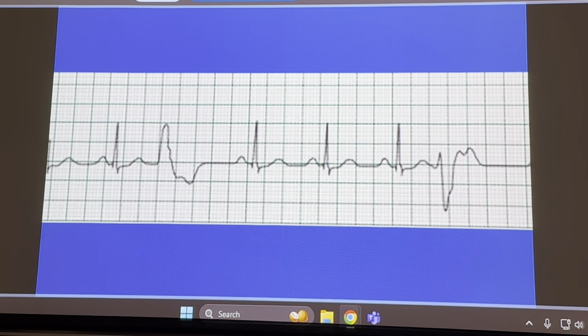Those are PVCs, premature ventricular complexes. By PVC, because there's two different ones. Multifocal. Yes, multifocal PVCs, all right?